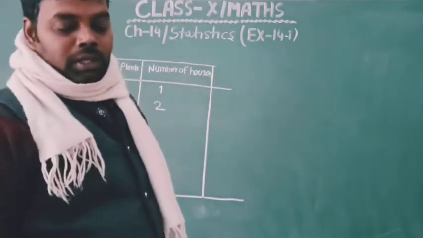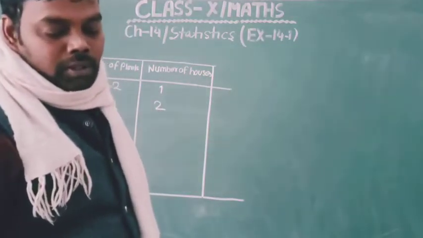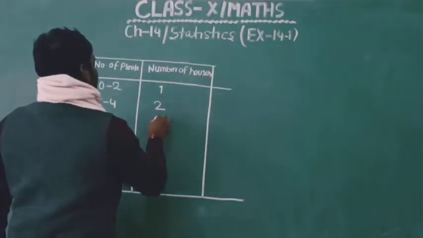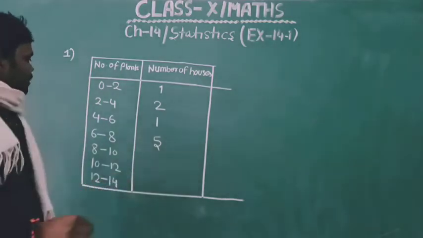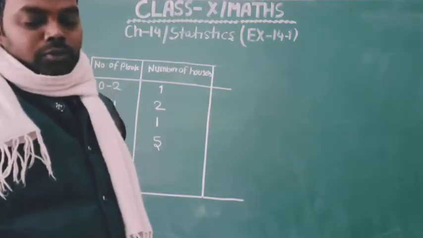And the number of houses is given: 1, 2, 1, 5, 6, 2, 3.